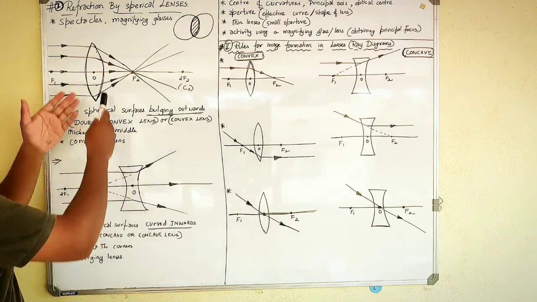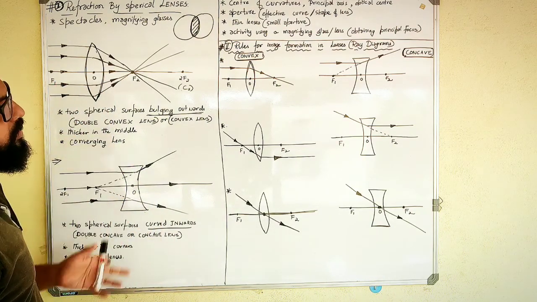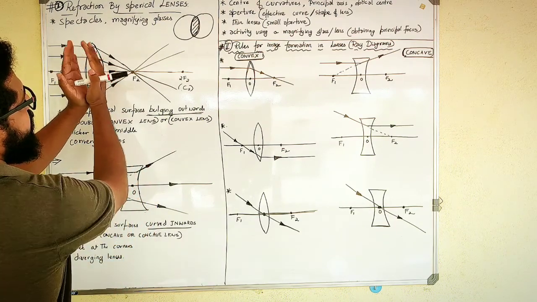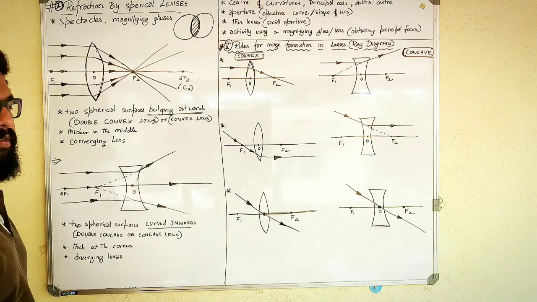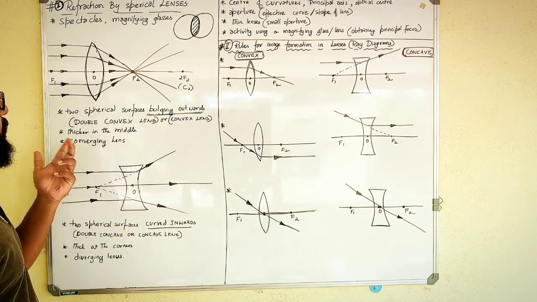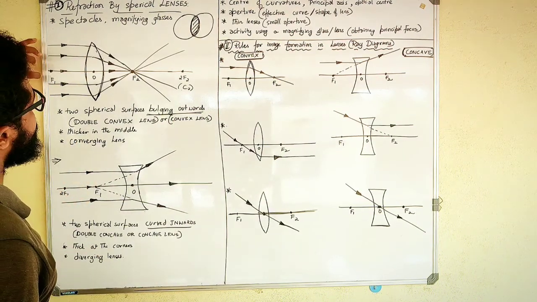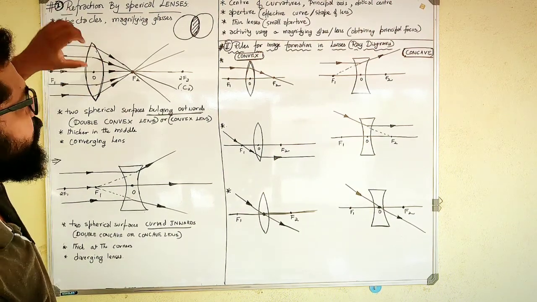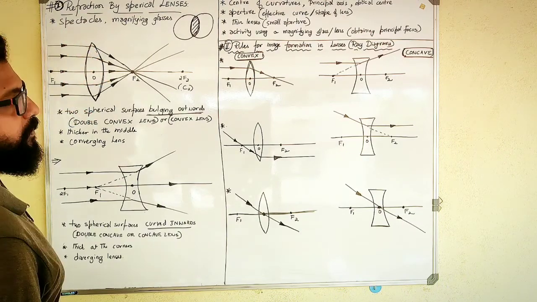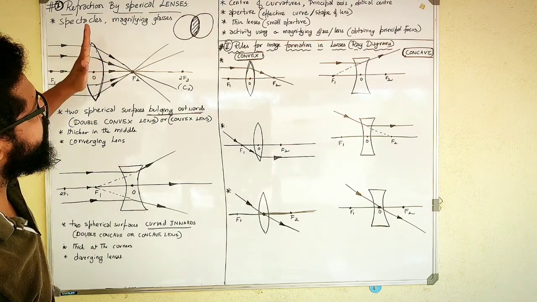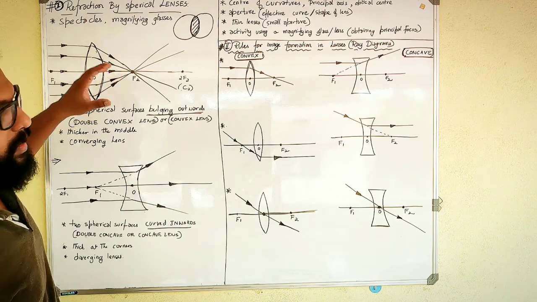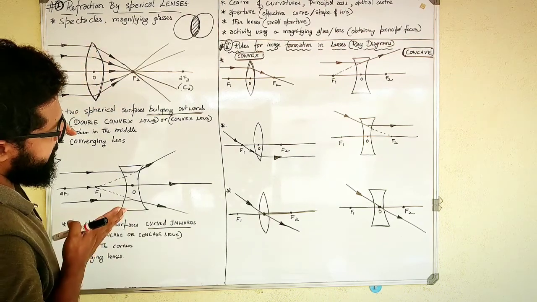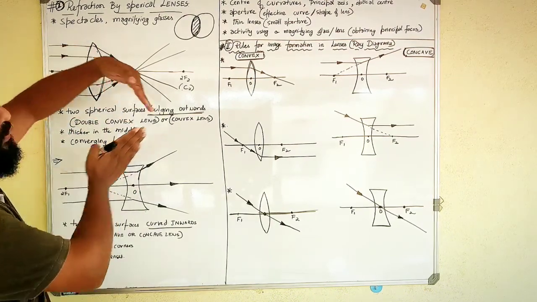So here you can see in the diagram itself, it is thicker in the middle and thin at the corners. Then what happens is, when light rays travel parallel from a far distance and are made to fall on this convex lens, the light rays will get refracted and they will converge, or all the light rays will meet at one point.